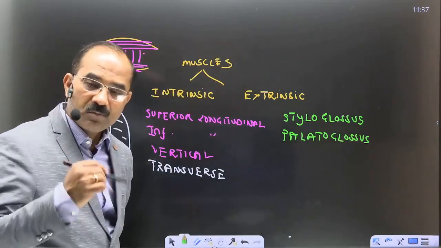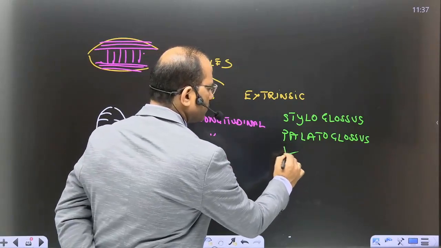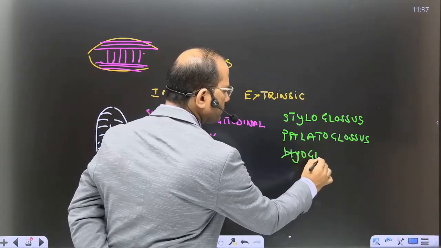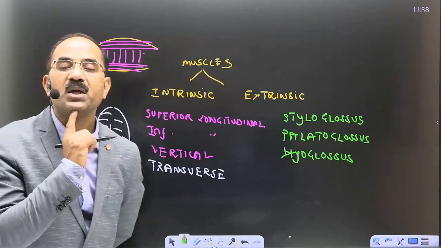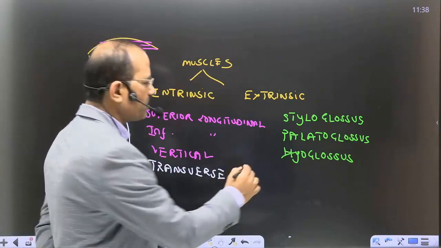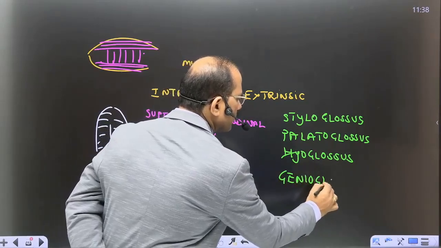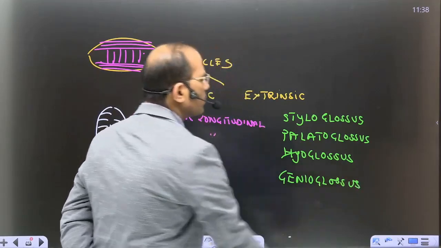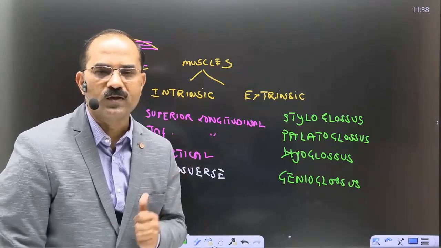The next comes from the hyoid bone, the hyoglossus. One comes from the mandible. There's a genial tubercle on the mandible. That's the genioglossus. Okay, so styloglossus, palatoglossus, hyoglossus, and genioglossus.